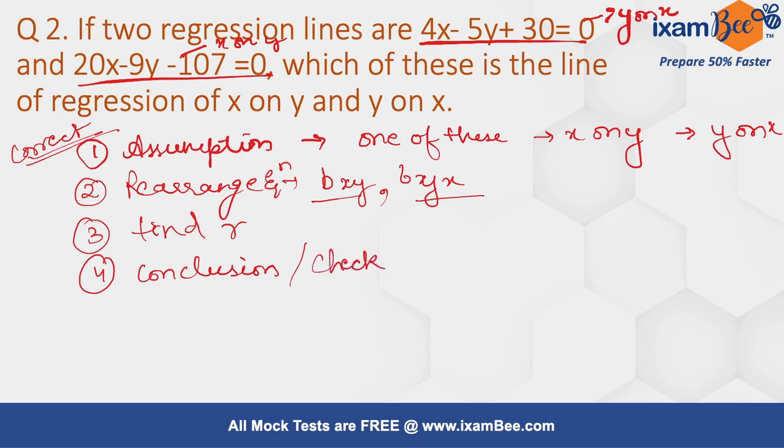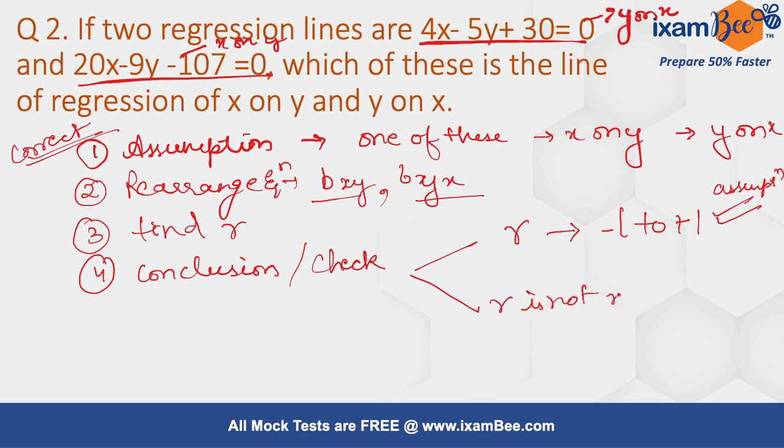To check the answer, how to check? If the value for R lies within the range, that is -1 to +1, then our assumption was correct. If R is not within the range, then we have to make a new assumption.